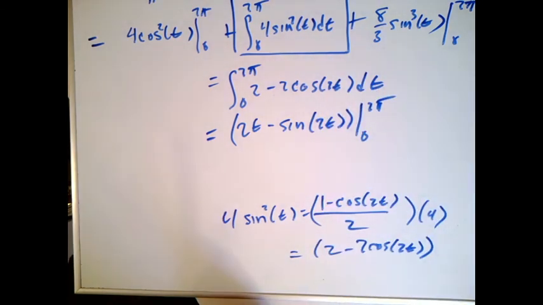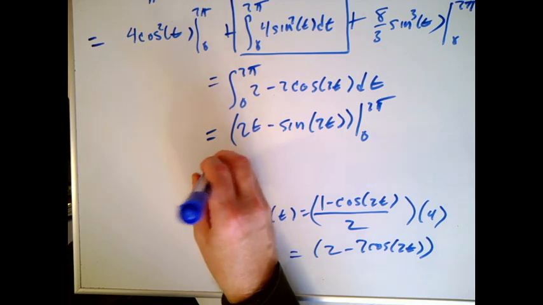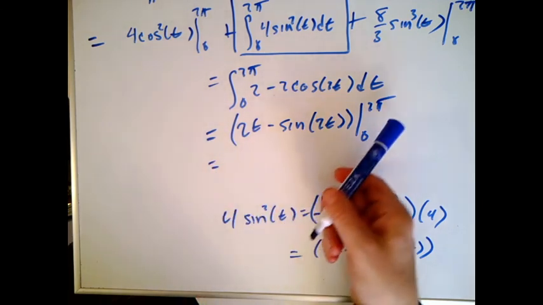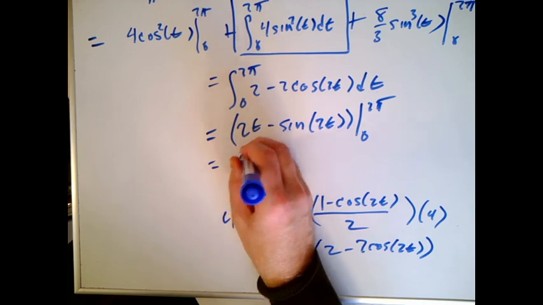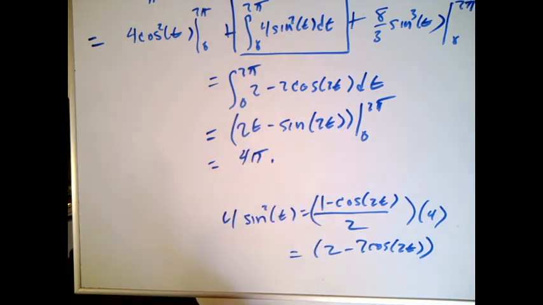When I plug in sine of 4 pi, I get the same answer as when I plug in sine of 0. So the only thing I'm going to get that's not 0 is what I get when I plug 2 pi into 2t, and I get 4 pi. And I think that's the answer. We will check by doing the other side in the next video.